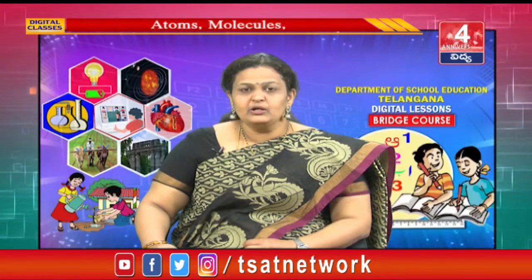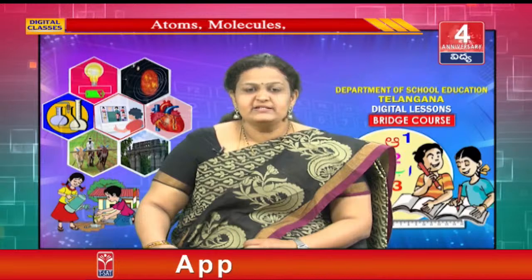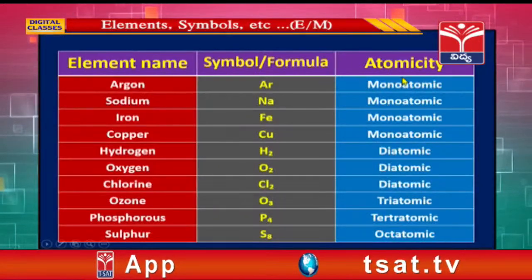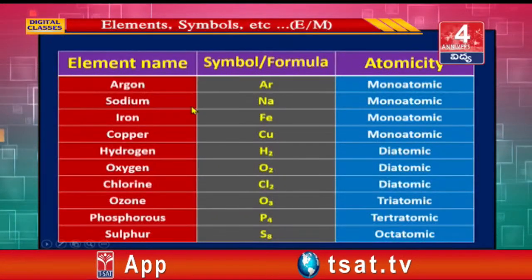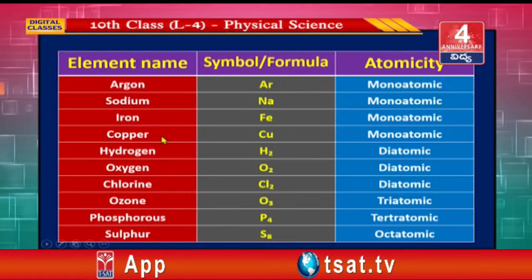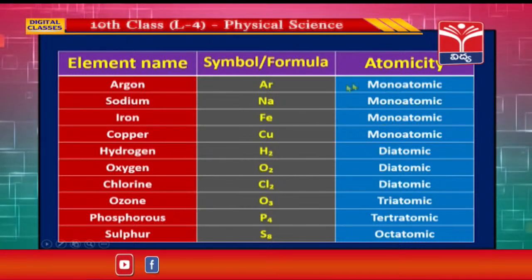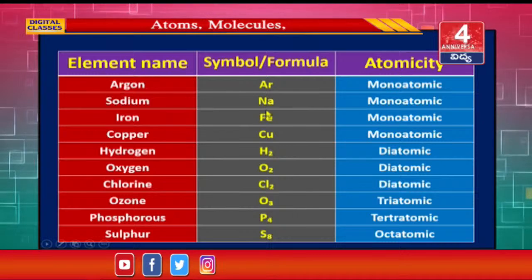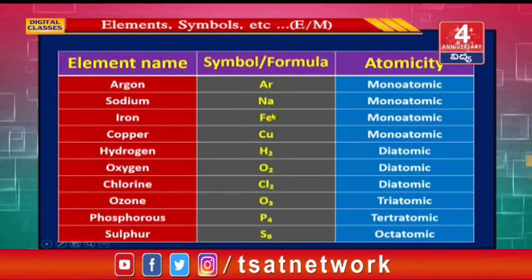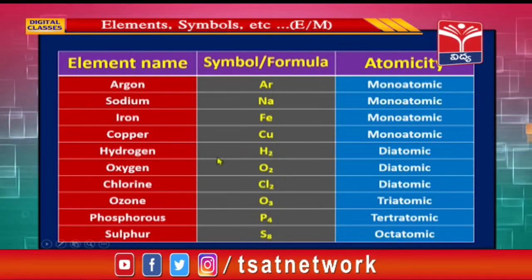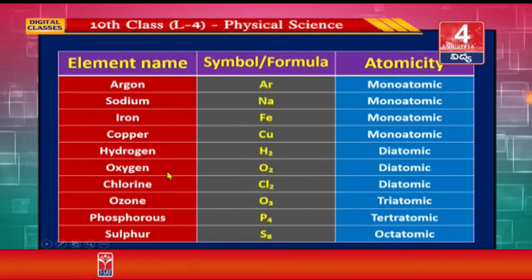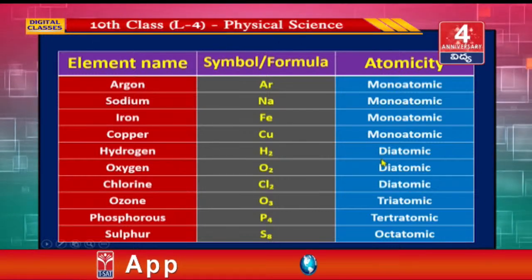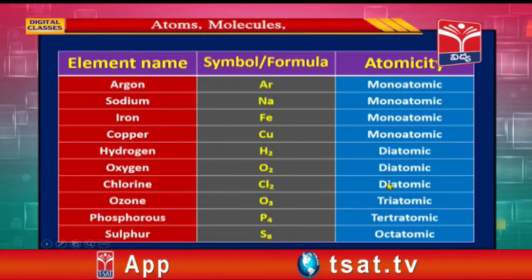Let us see a tabular column to understand this better, children. See here, children, argon is monoatomic. Similarly, sodium, iron and copper are also monoatomic. Monoatomic means, children, they exist independently and their atomicity is one only. And then hydrogen, oxygen, chlorine, these are diatomic elements.